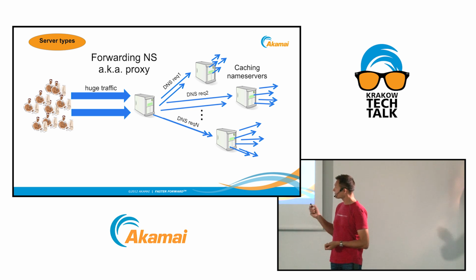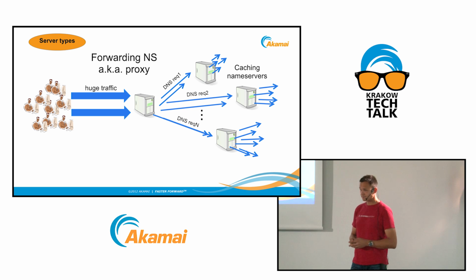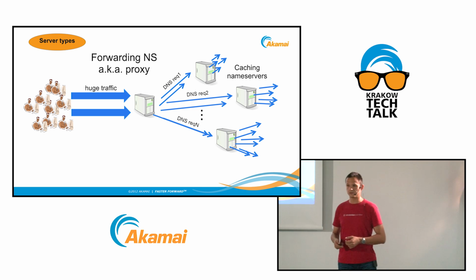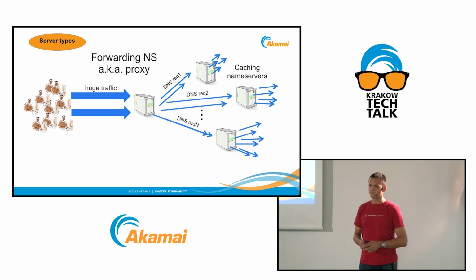So our forwarding name server is smart enough and will delegate the resolution to different caching name servers. He will not try to do the process himself because it's too expensive. They will do this for us.